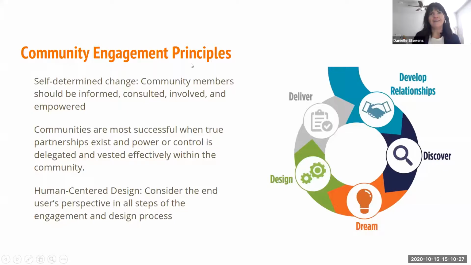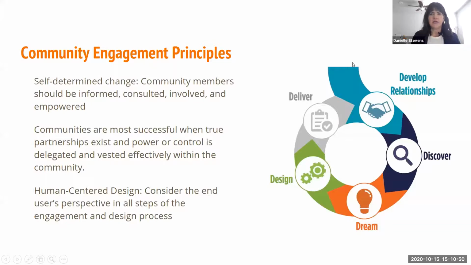We cannot, as a community, move forward and impact change if we don't have robust relationships in the community and understand where our assets are. Again, if we do not take an asset-based approach and really focus on developing those relationships and leveraging the resources we already have, we will not be able to enact sustainable change.